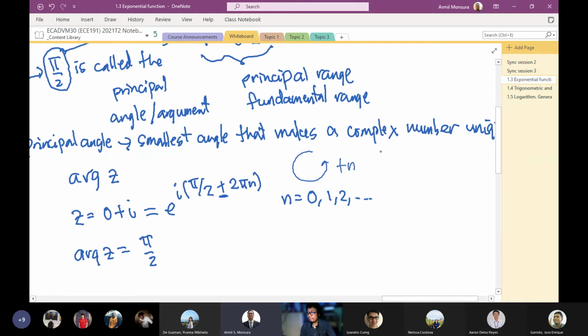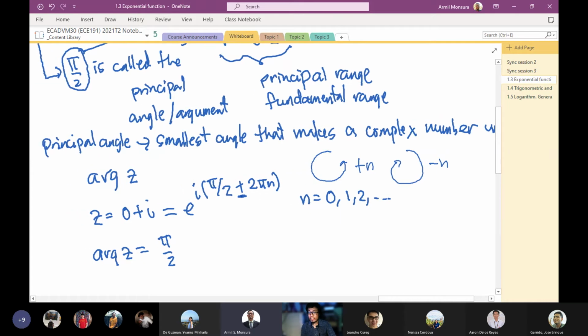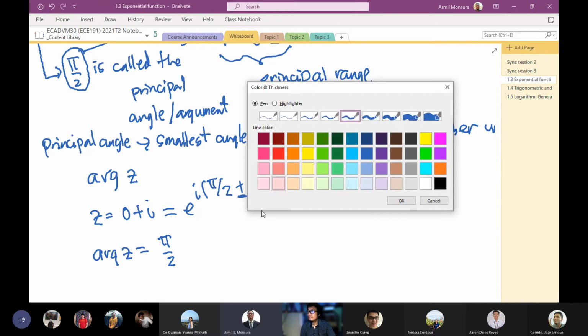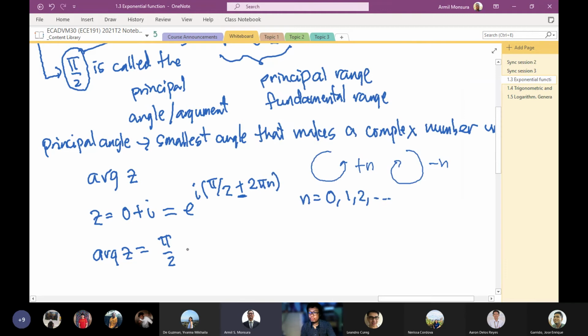If you have negative n, that means you're going clockwise. So, yun yung tinutukoy natin dito, kaya gagawin siyang plus or minus. Therefore, the notation arg z equals pi over 2 plus or minus 2 pi n. Yun yung arg z.